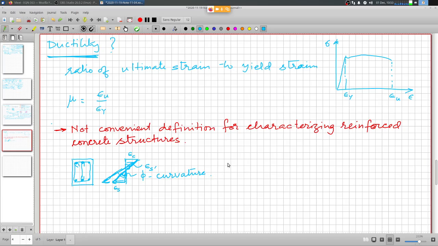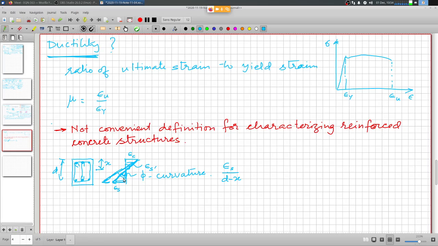It is defined as epsilon divided by d minus x. This is the neutral axis depth, the effective depth, and this is the depth of the neutral axis. So this angle is approximately this strain divided by the lever arm here.